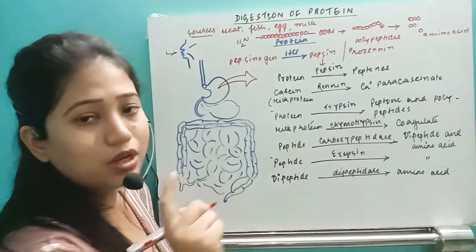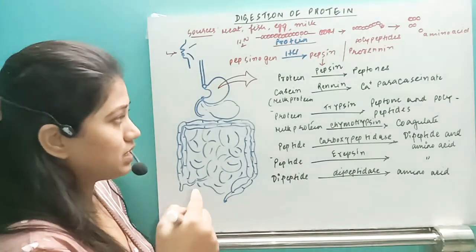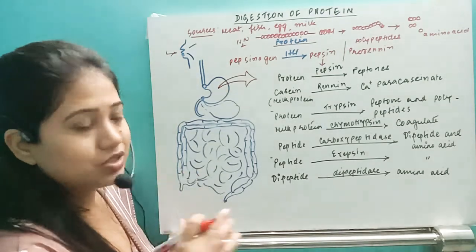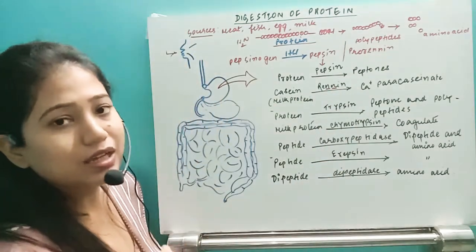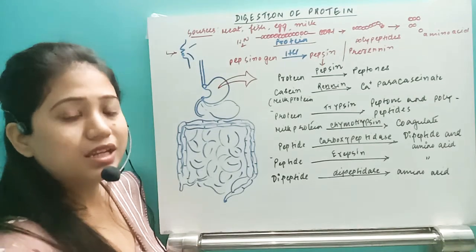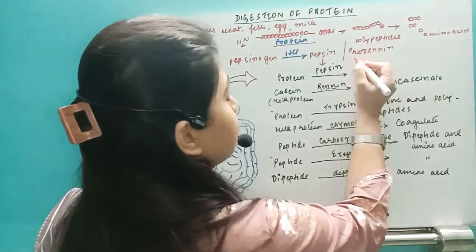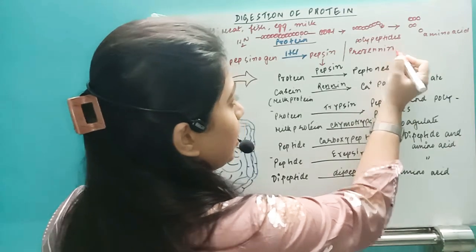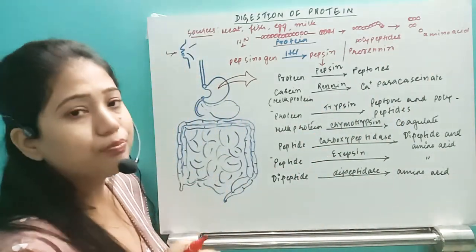Remember only one thing, if it comes to renin digestion, which helps in milk digestion, it will have a double N. Never write a single N, that is a different hormone needed in the excretory system. Here, that is renin, RENNIN, which is released by the stomach wall in the form of prorenin.